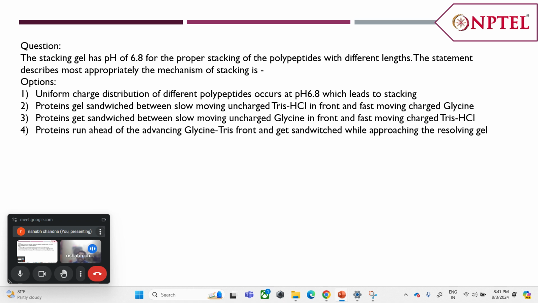Or, proteins get sandwiched between slow-moving uncharged glycine in front and fast-moving charged Tris-HCl. Or, proteins run ahead of the advancing glycine-Tris front and get sandwiched while approaching the resolving phase. Can anybody guess? This is on the mechanism of how stacking and resolving happens.